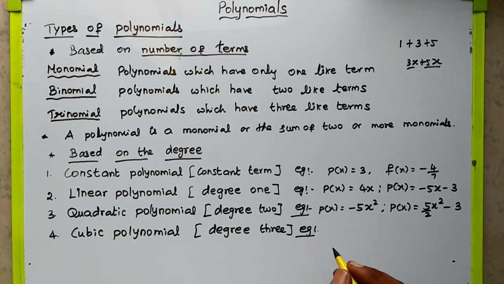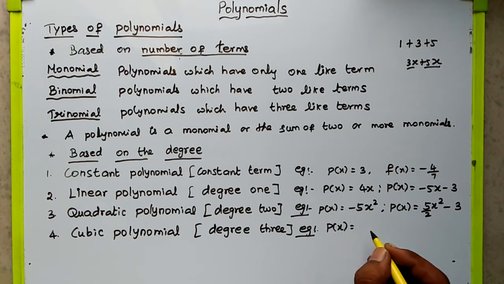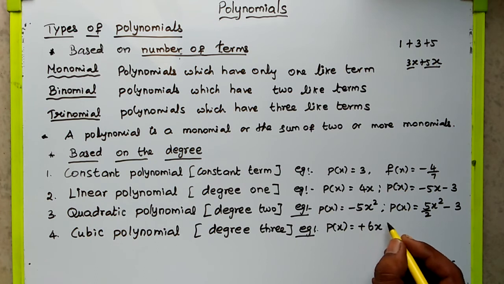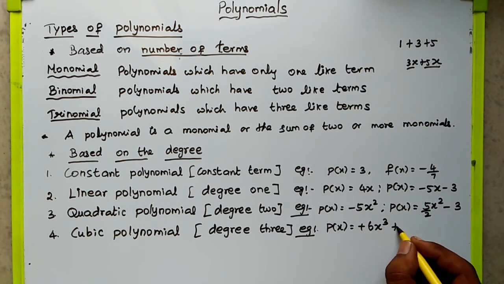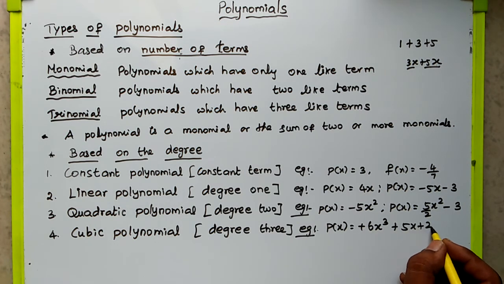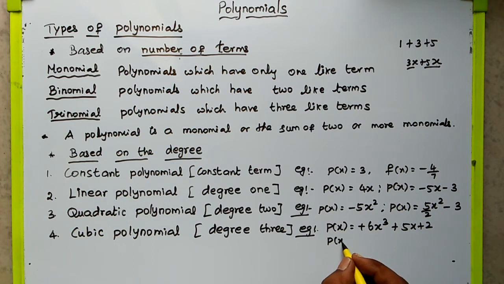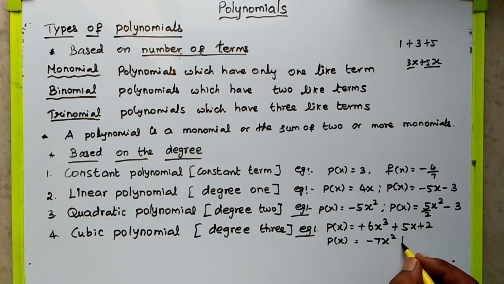Examples, p of x equal to 6x power 3 plus 5x plus 2, or p of x equal to minus 7x square plus 8x minus 12x power 3 minus 1. So the highest power is 3, here also highest power is 3. So cubic polynomial.